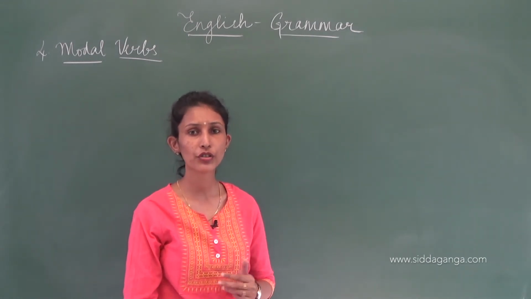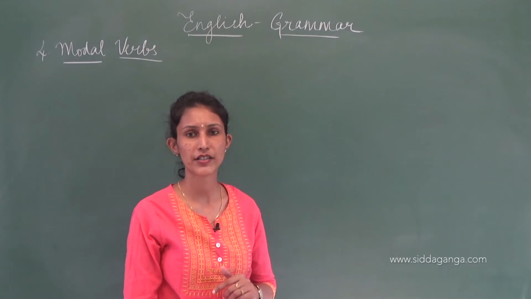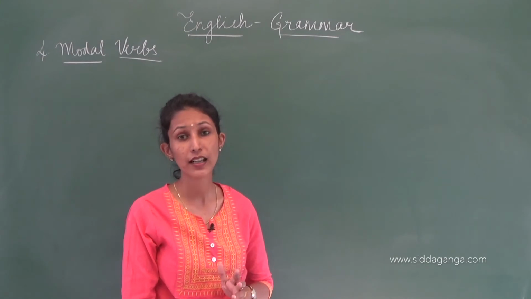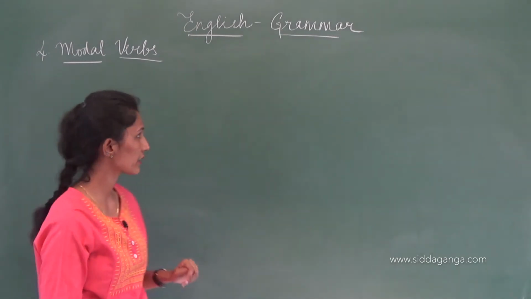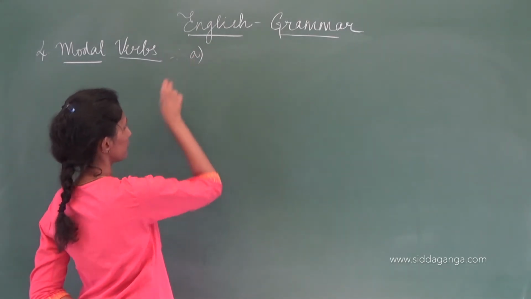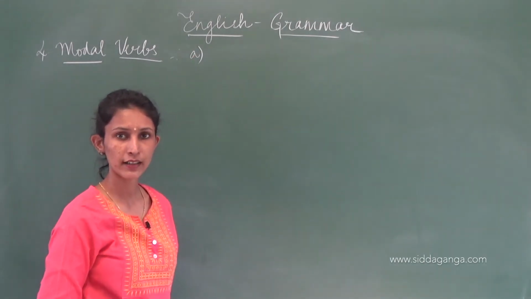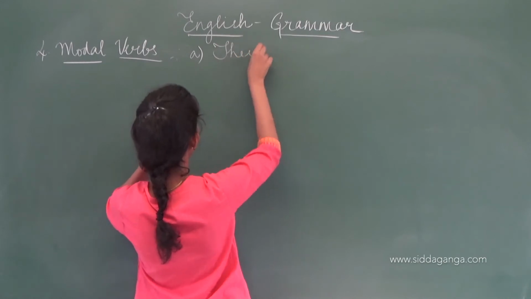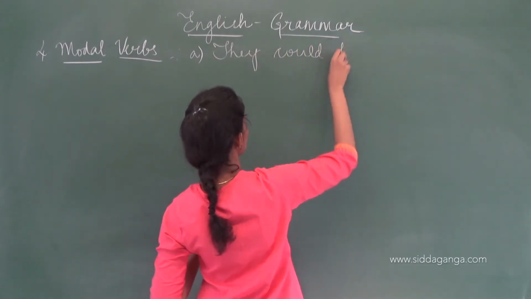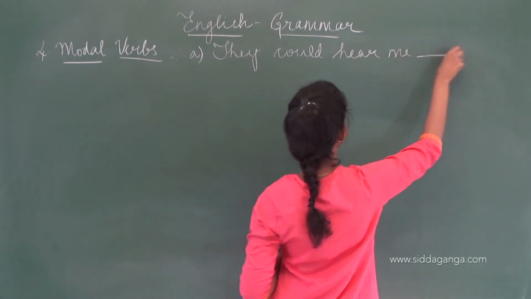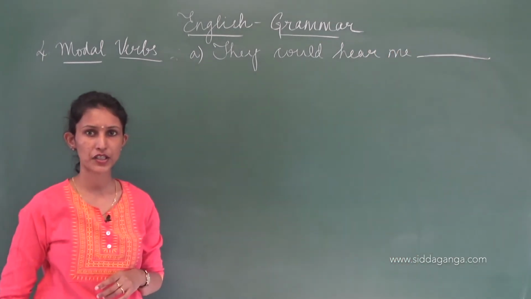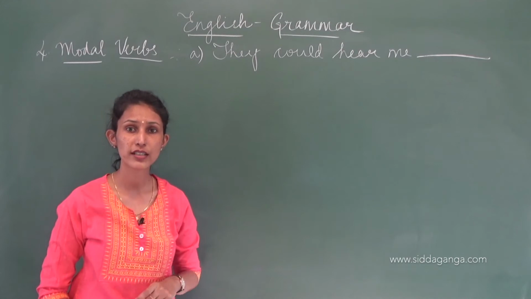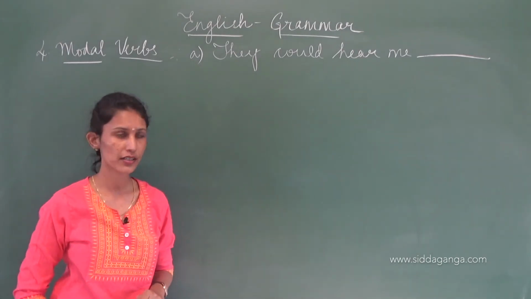Could, couldn't, should, shouldn't, shall not, or shan't. These are what we studied in modal verbs. Now we'll see an example. They could hear me. Positive statement, you have to form a negative question tag. They could hear me, couldn't they? They is here. Couldn't they?